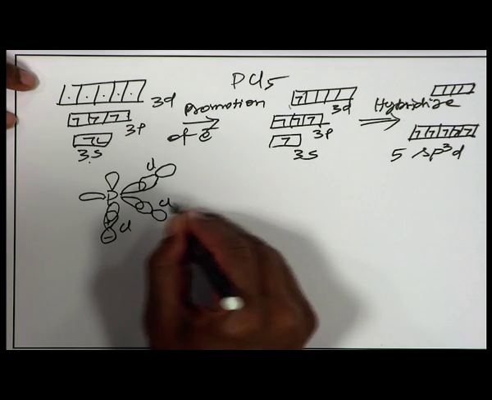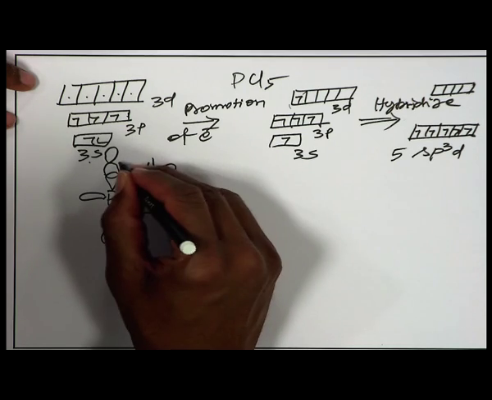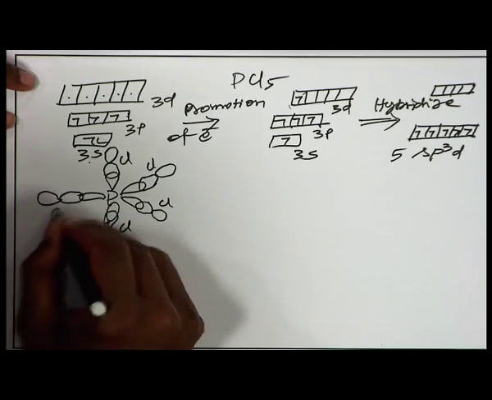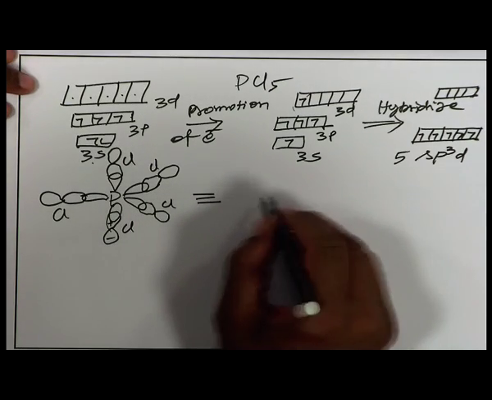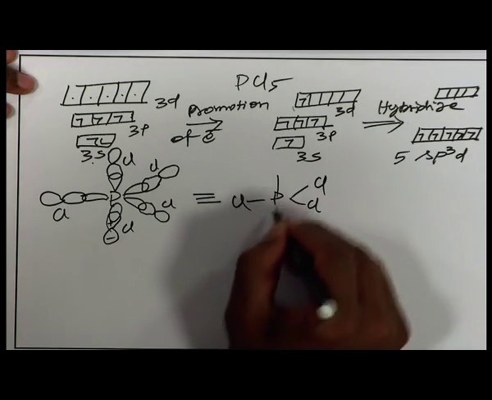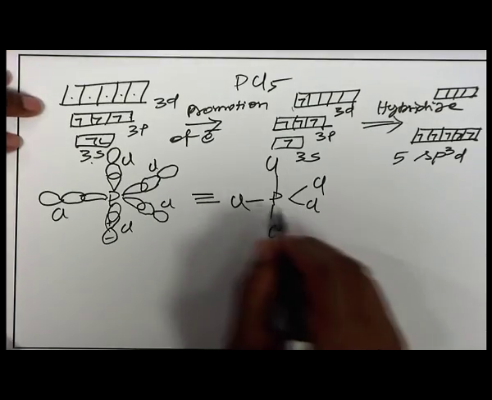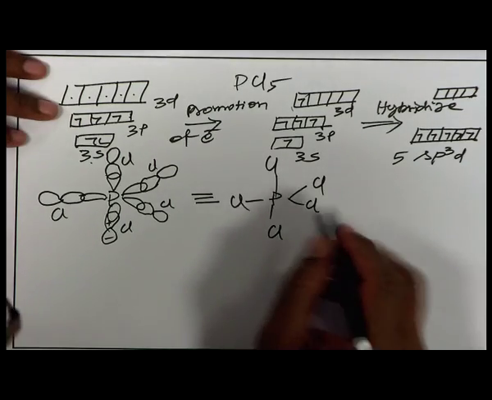These are the chlorine atom p orbitals. So, the 5 sigma bonds are P-Cl, P-Cl, P-Cl, P-Cl, P-Cl. So, trigonal bipyramidal. In this molecule there are two types of bonds.